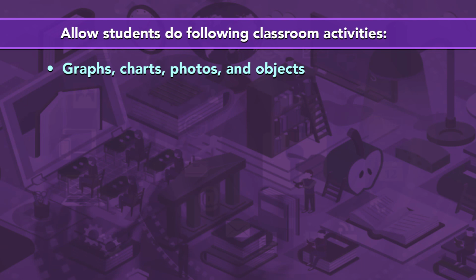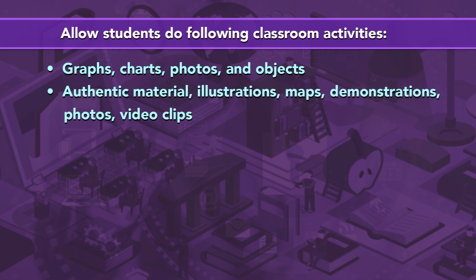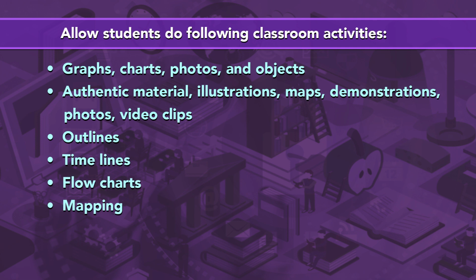Another method that teachers are using is authentic material, illustrations, maps, demonstrations, photos, video clips, outlines, timelines, flowcharts, mapping, graphics and Venn diagrams. So, these are the techniques that teachers are using while applying this method.